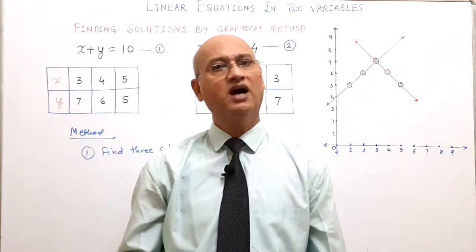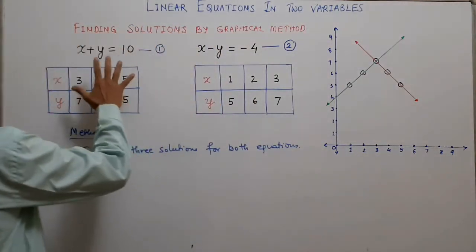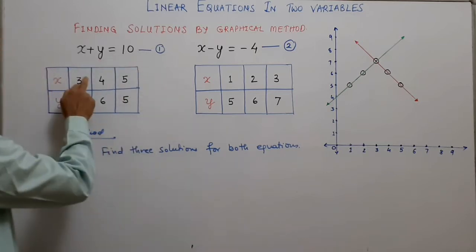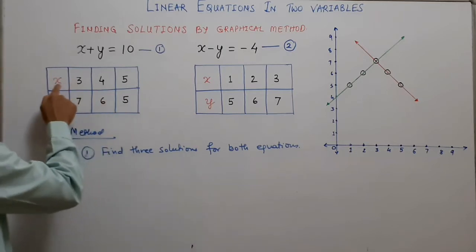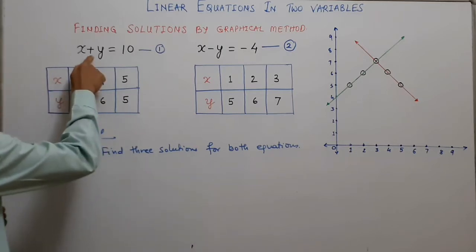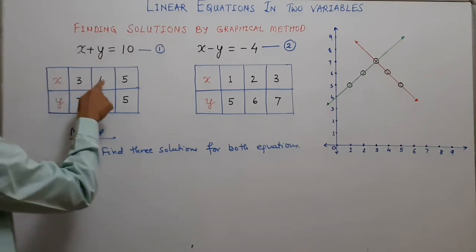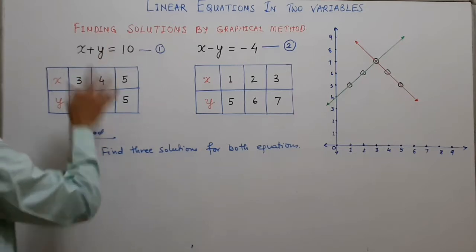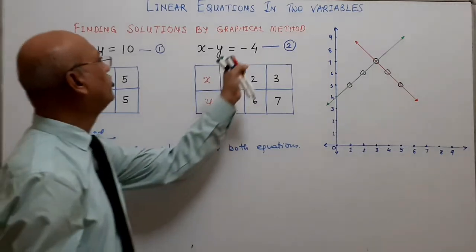Now we have found three solutions here. x and y are written in the form of a table. Now x is equal to 3 and y is equal to 7. What does it mean? When you put the value of x as 3 in this equation, you get the value of y as 7. Similarly, if you put x as 4, you get y as 6. This is how we found the three solutions of both the equations.